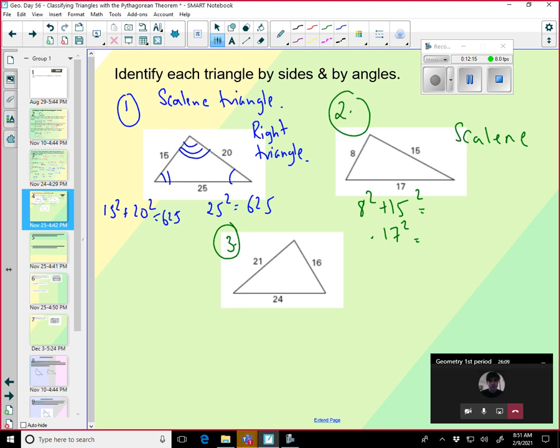So it's a right triangle. So from sides we can say it's a scalene triangle, and from angle we can say it's a right triangle. Right triangle, sorry. Because this is a scalene triangle.